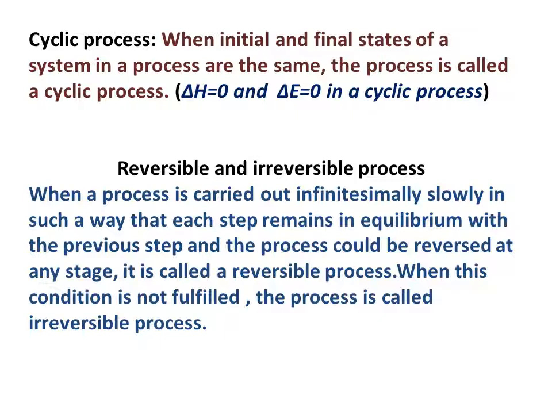And E stands for internal energy. Any system at a particular point of time has some energy. It may be very high, it may be very low, but it will have some energy.